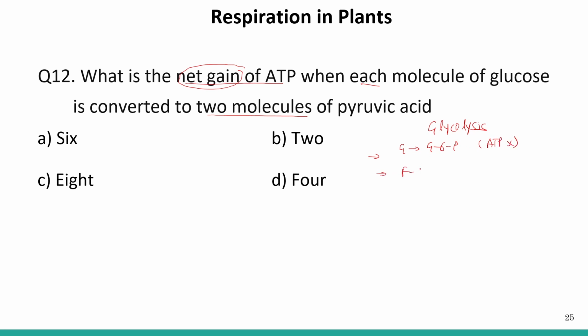When fructose 6-phosphate is converted into fructose 1,6-diphosphate, then again 1 ATP is consumed.